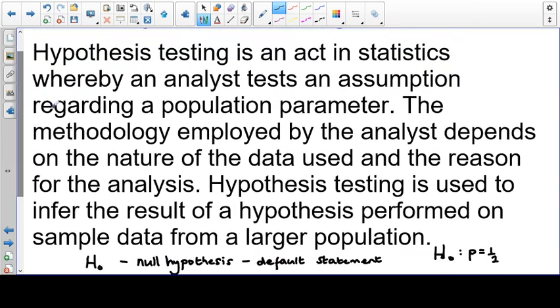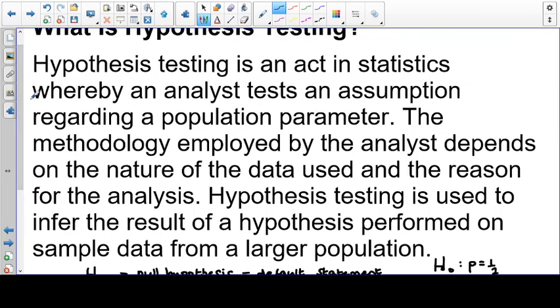Okay? Now, it doesn't matter what statistics we do. We can do different statistics. So in Year 1, the hypothesis tests that you do are in association with the binomial distribution. So it's using probabilities to work out whether the null hypothesis is true or not.